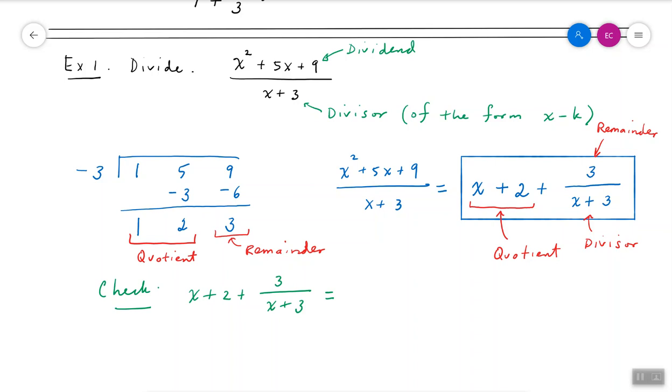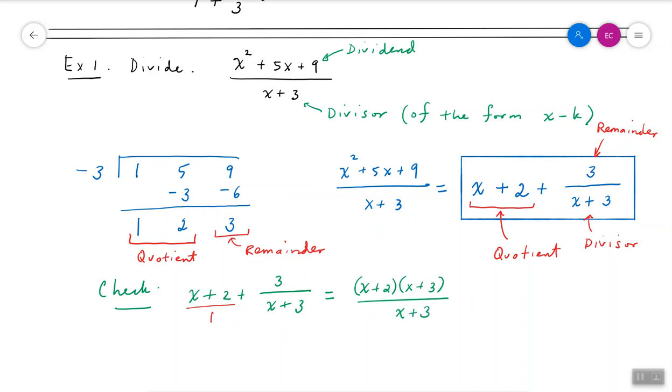Let's see here. We could look at x plus 2. We could think of x plus 2 over 1, right? And then the denominator over here is x plus 3. So the common denominator would be x plus 3. And we would just write x plus 2 times x plus 3 over x plus 3.